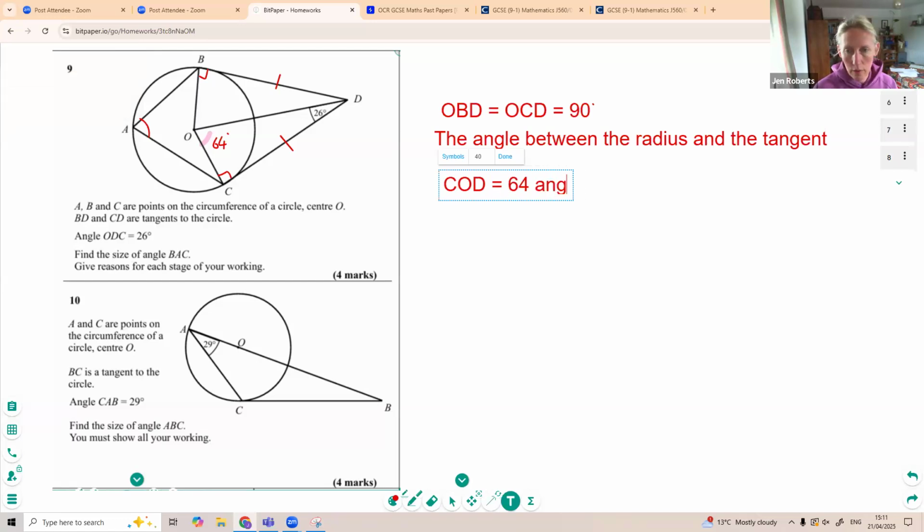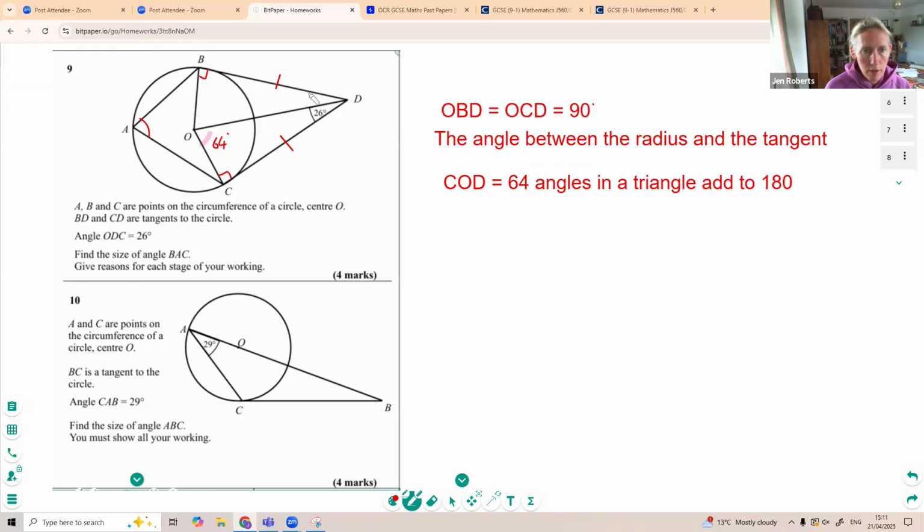My reason is angles in a triangle. You can see this is symmetrical here, isn't it? That length is the same as that length. They share that length and the radii are the same. So we know it's symmetrical. So we know this is 26. And so we also know this angle here is 64.